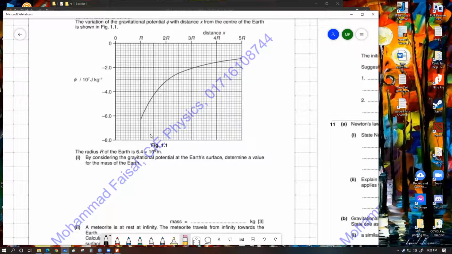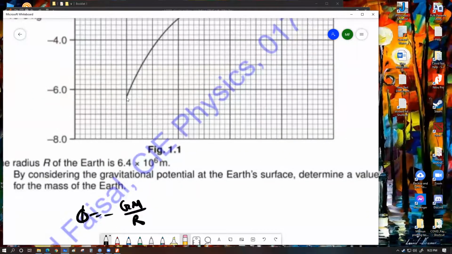This is easily doable because we know that phi is given by phi equals minus GM by r. So if we pick up the value at r, if I zoom in on this graph, I might say this is at the halfway point between these two lines. Here you can see this is 2, so each small division is 0.2.